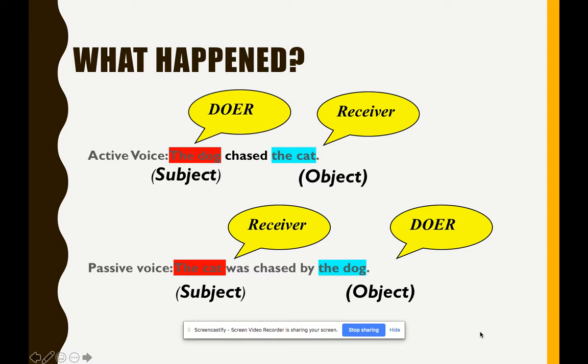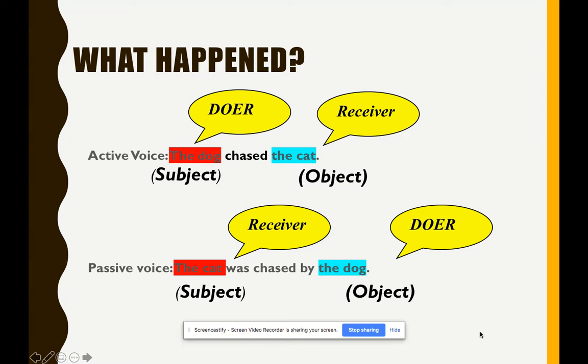Okay, and the cat is the receiver. So passive voice is when the receiver, which is the cat, is used as the subject in the sentence. Okay, so the cat was chased by the dog is a passive voice sentence. Got it? Okay, never mind if you haven't understood clearly.